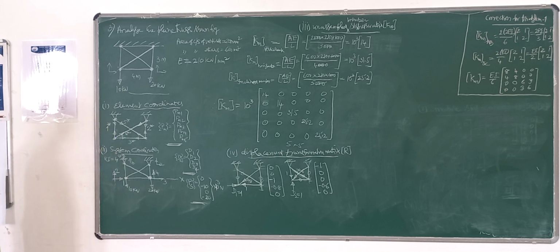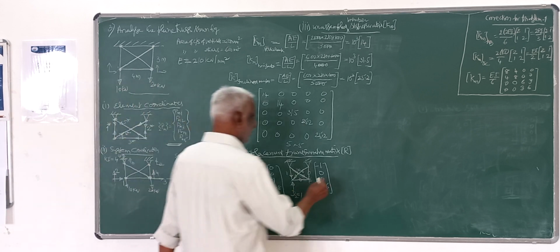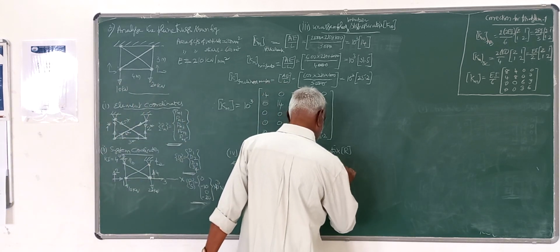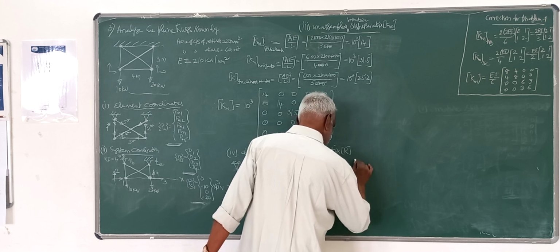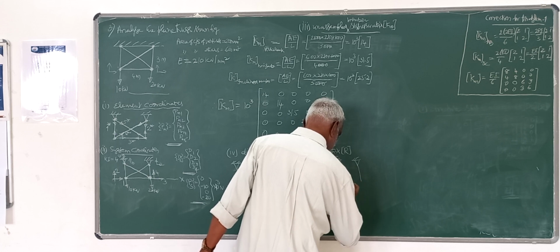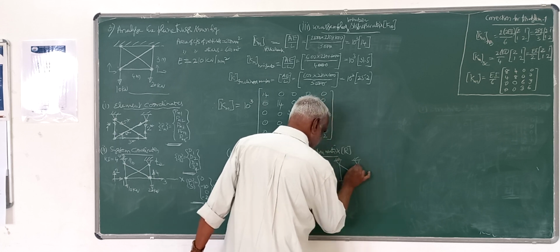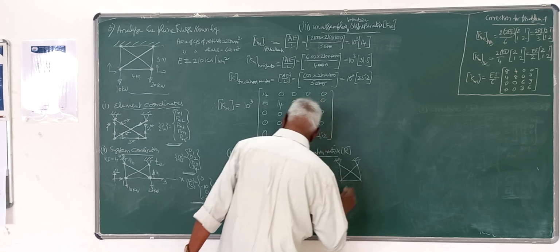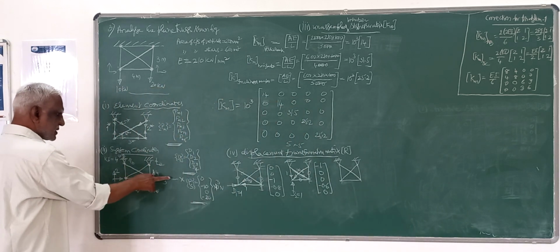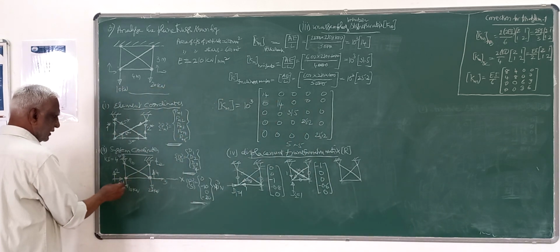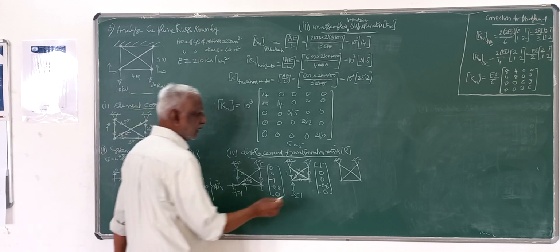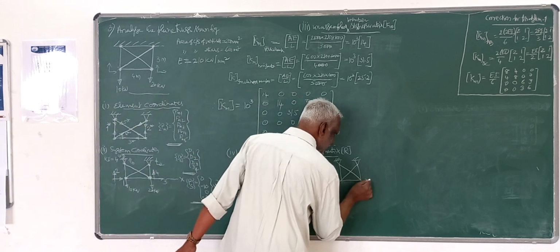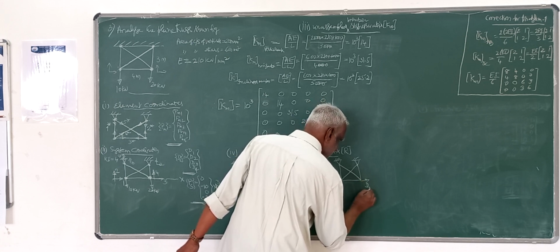Then the third direction, at this joint along this third coordinate, I have to give a unit displacement.